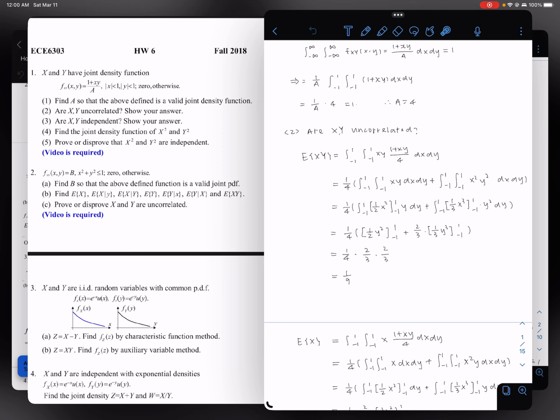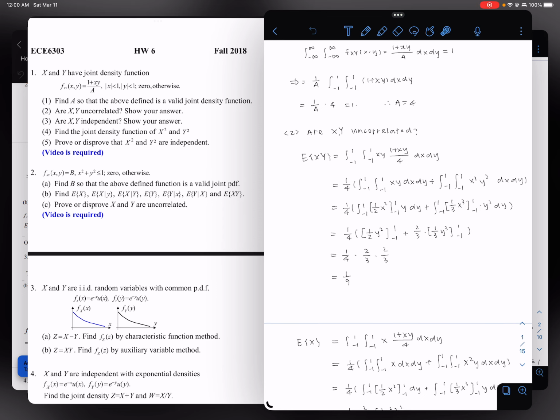So what we can do here is to integrate this, and then eventually we'll get 1 over a times 4 equals 1. So we have a equals 4.